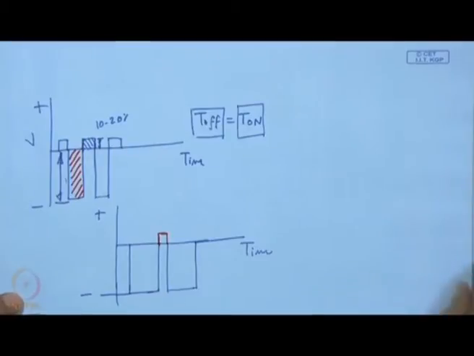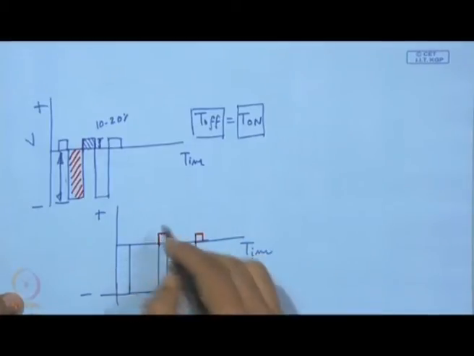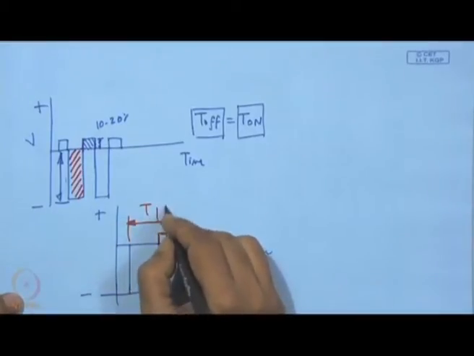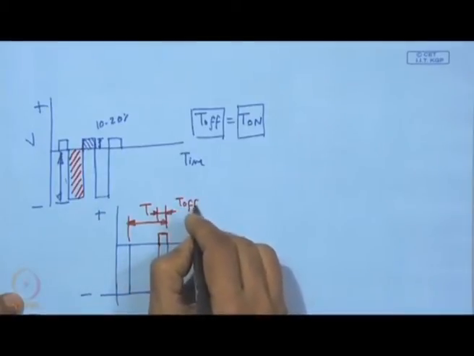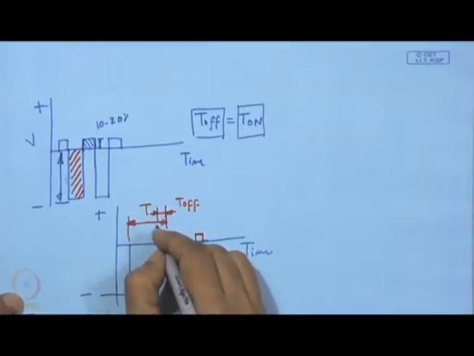So, this is also one possibility, but here one has to be extremely careful. This is the total duty time T, and out of this, this is just T off. That means this is the duty cycle and this is T on.